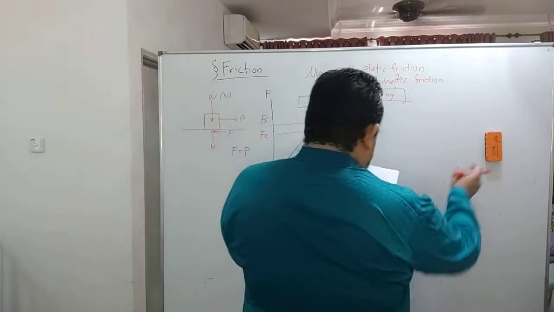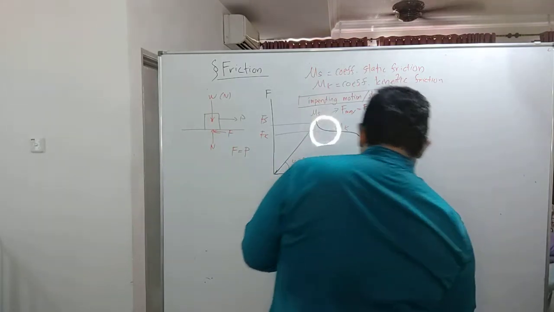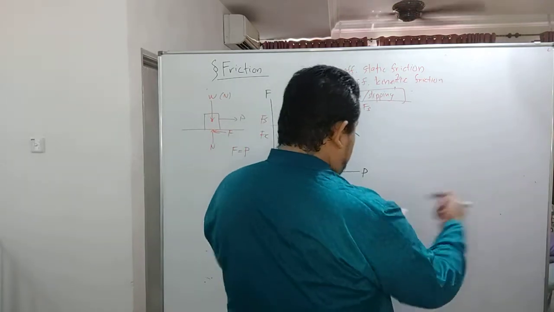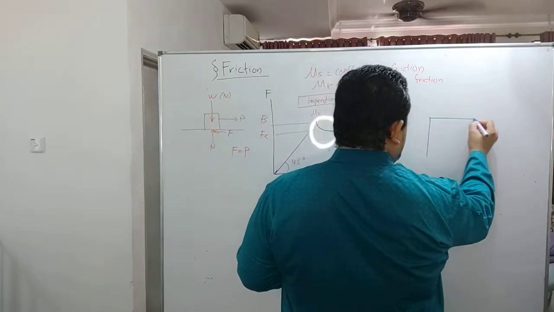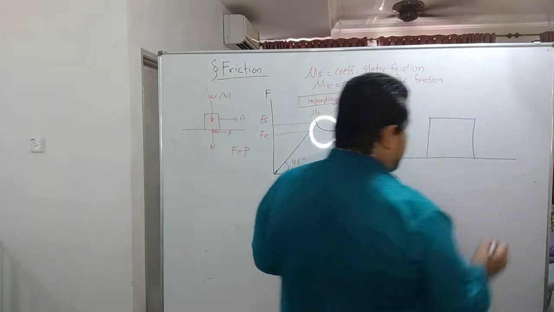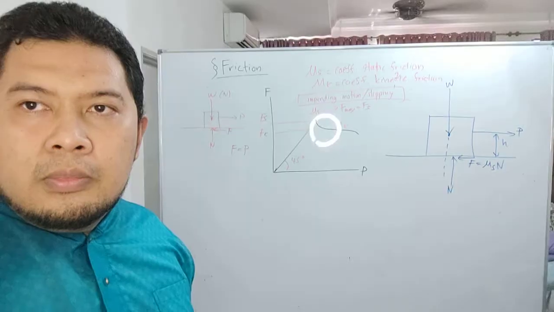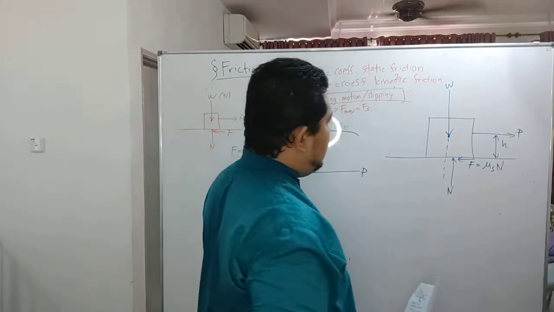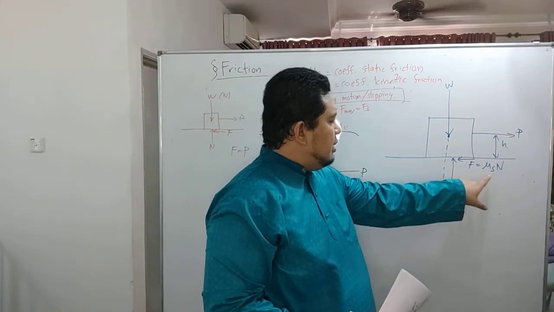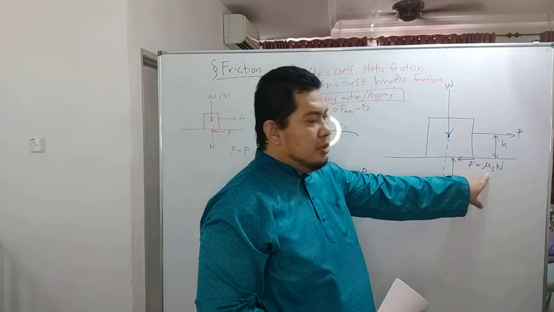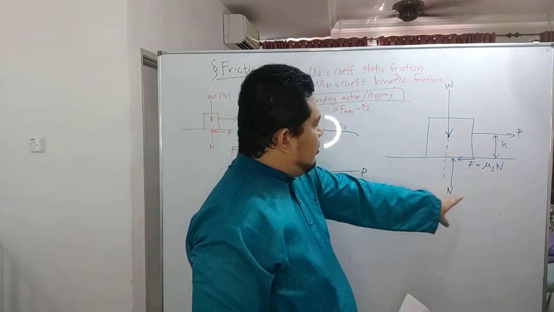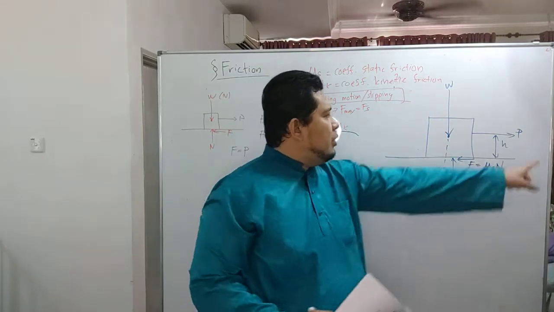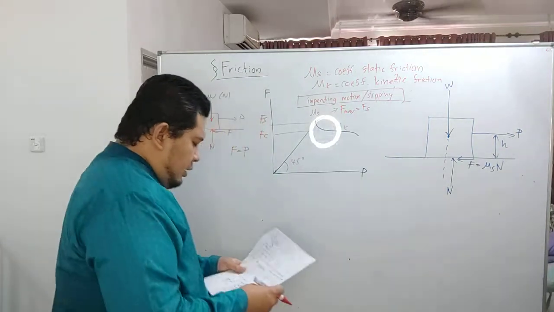Say for example you have an object on a surface with a coefficient of static friction, which is mu S, and then the normal force is N, in the opposite direction to the weight, and you have P, which is the applied load.